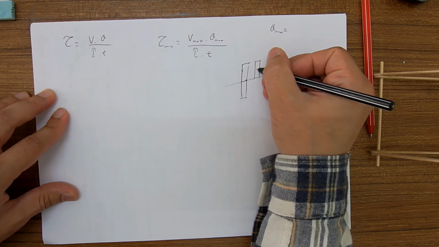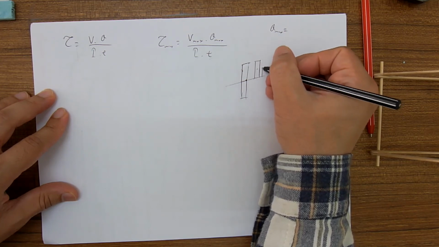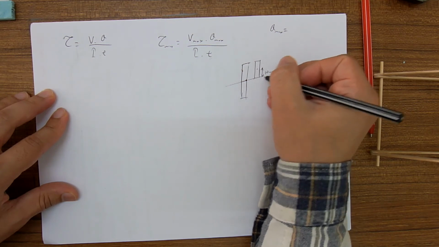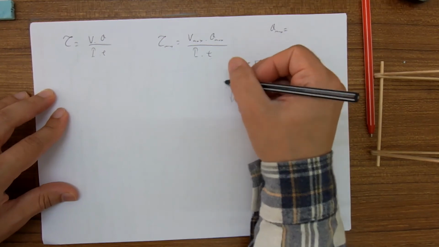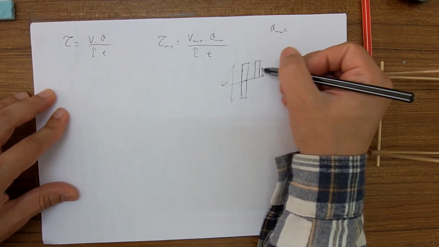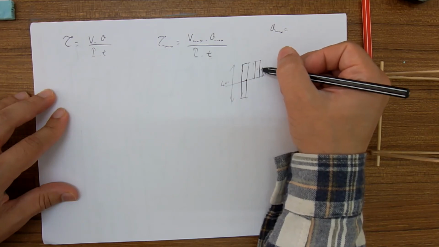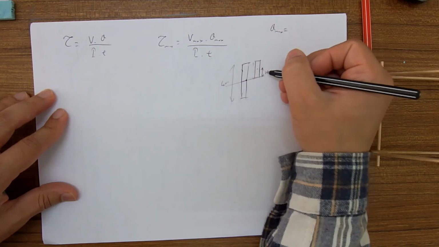So the centroid of the area is 10 millimeters away from the neutral axis, because the total was 40 millimeters. This area is 20 millimeters height, and its centroid is 10 millimeters away from the neutral axis of the whole section.